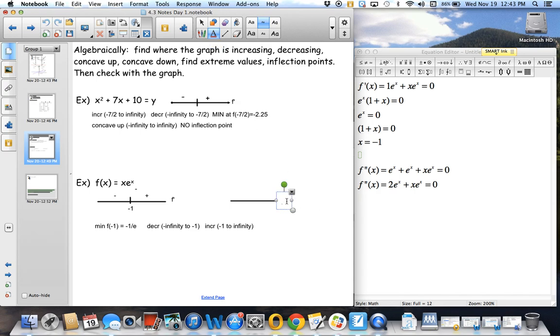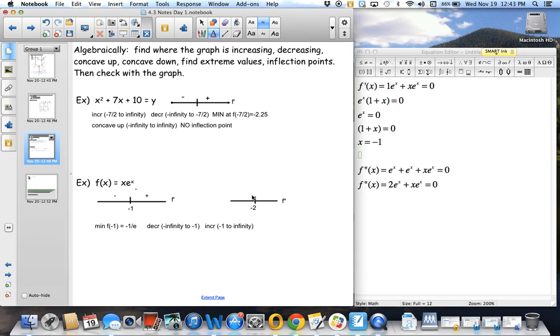So now what we're doing is we're doing the second derivative. This is the second derivative, and the point that we have to test here on our number line is -2. You notice how I labeled it second derivative right here. So when we go to test points, we want to make sure we test the second derivative.